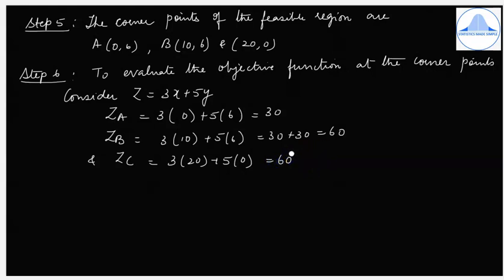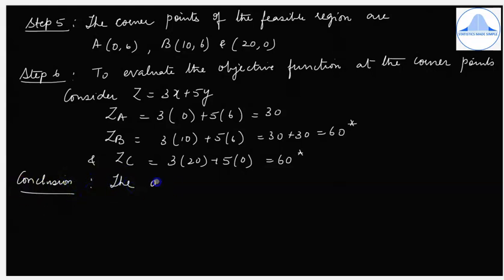Now the objective function is a maximization one. So among the ZA, ZB and ZC values, the maximum is 60, and you see that we have a multiple solution in this case. So let us write the conclusion.